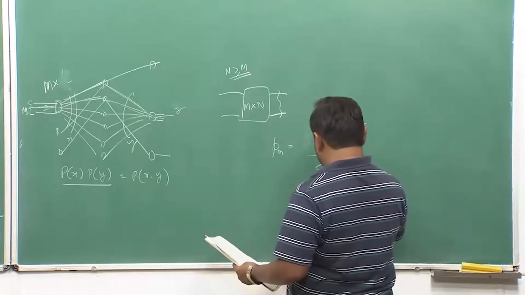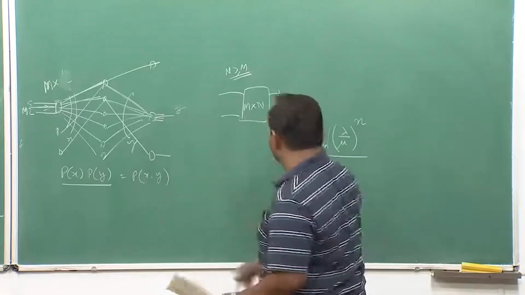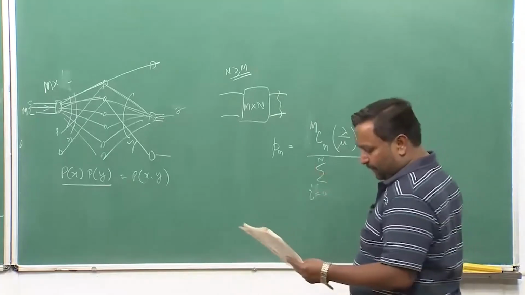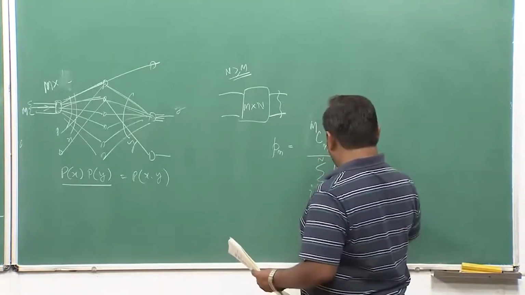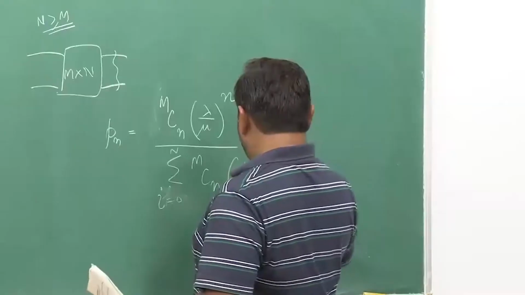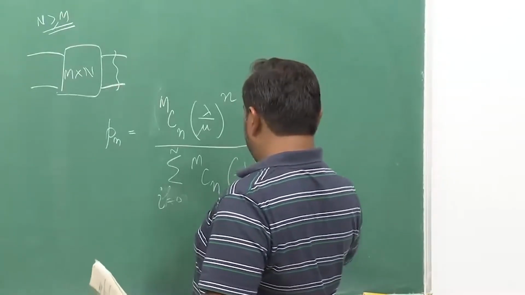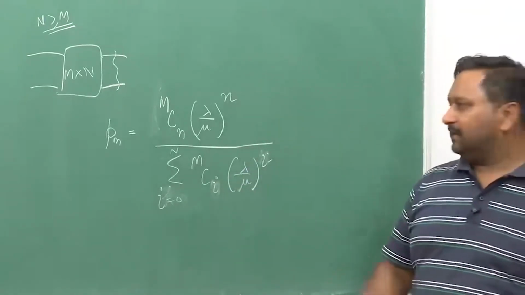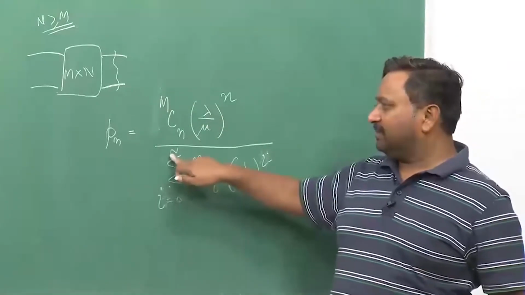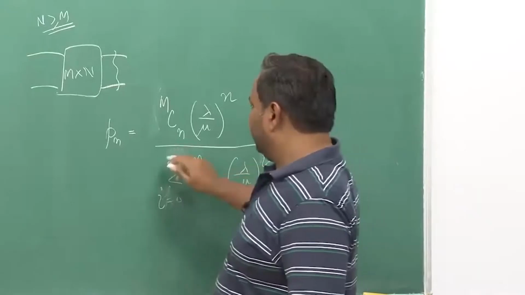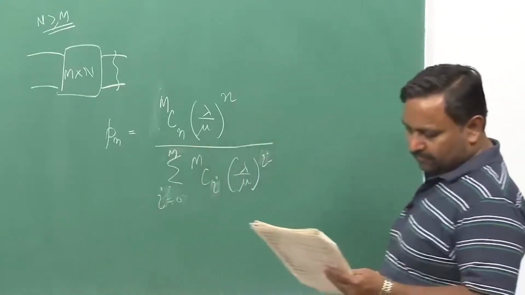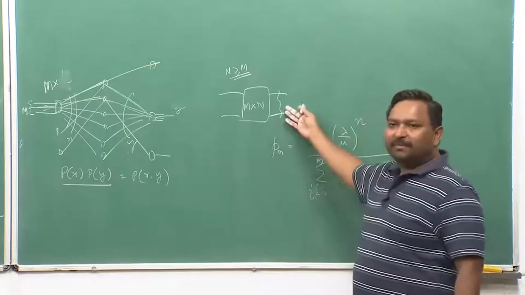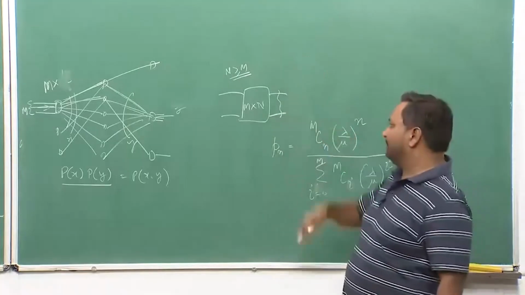I can write any variable, let me put i, because we have been using that. Sorry, this will be i. Now one thing we need to note is that n is going to be larger than m, so this has to be changed to m actually. Once I change it to m, that is the maximum number you can get, you cannot have a state more than m.